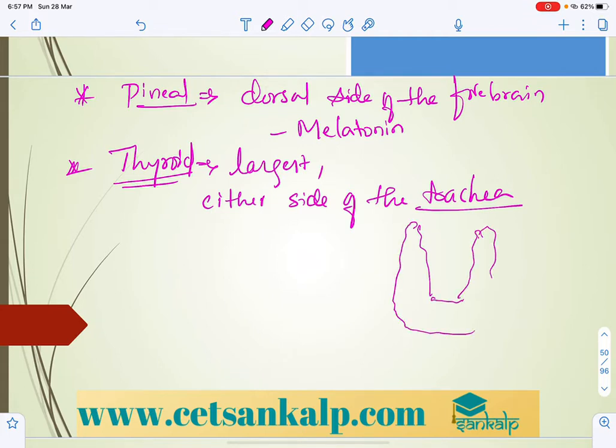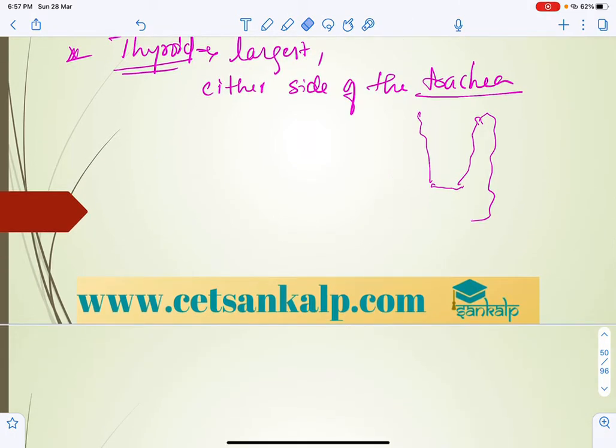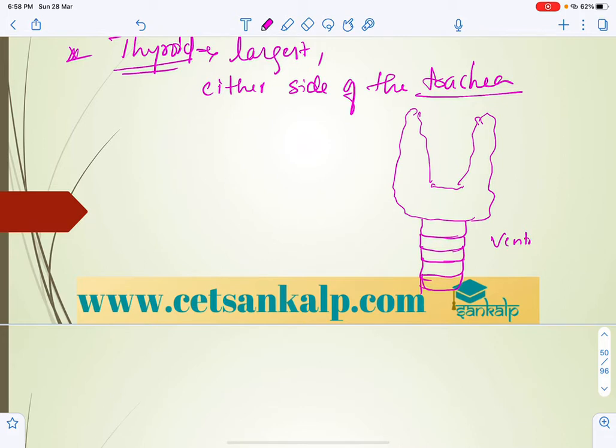It is present on either side of the trachea, and here we can represent the hyaline cartilage of the windpipe. So this is a ventral view.